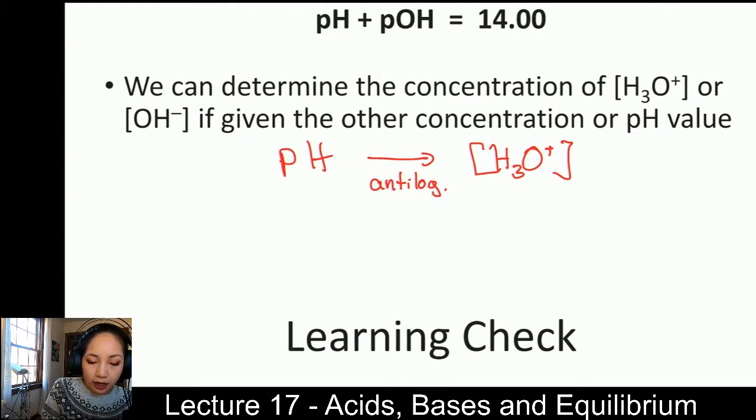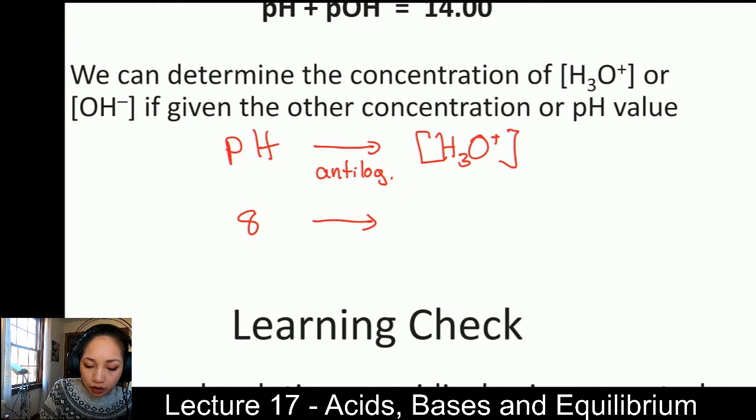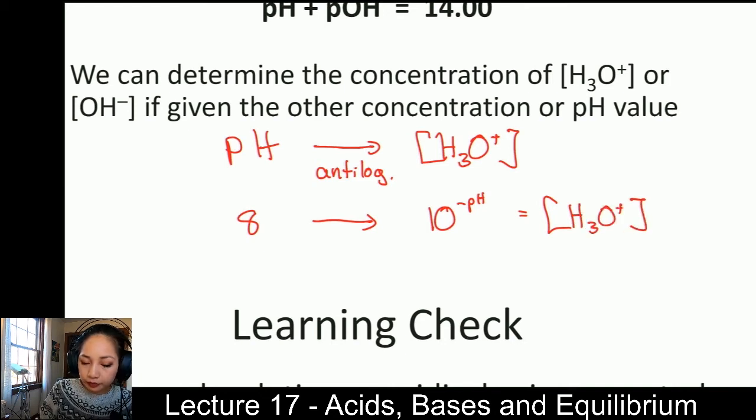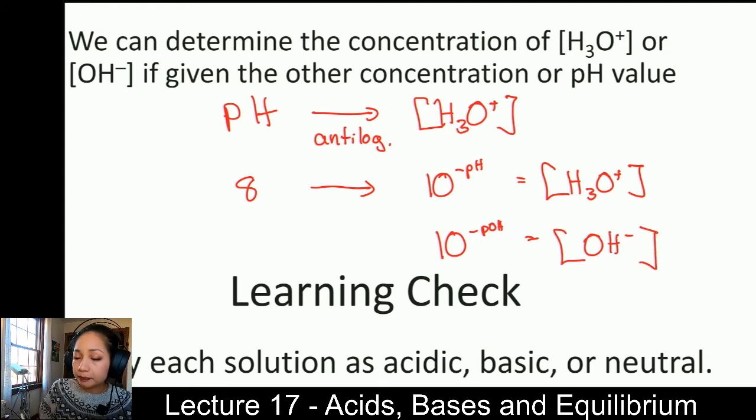So let's say I have a pH of 8. To get hydronium concentration, you take 10 to the negative pH, and that will give you the hydronium concentration. Or pOH: if I give you a pOH value, 10 to the negative pOH will give you the concentration of hydroxide.